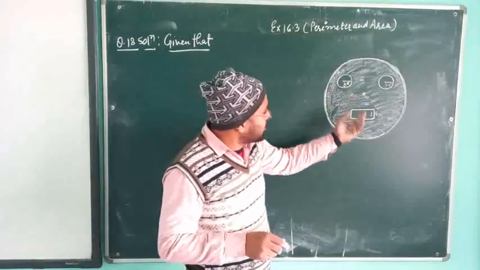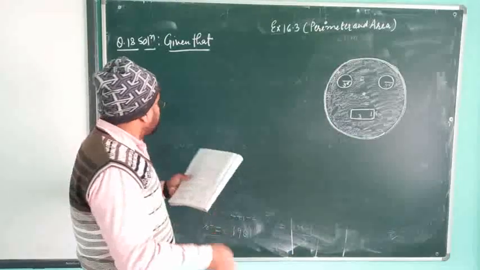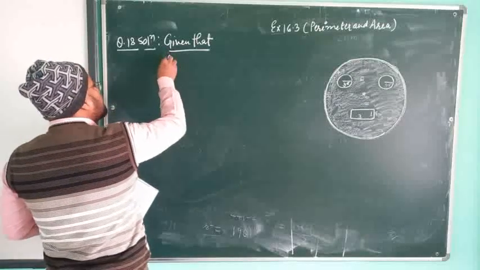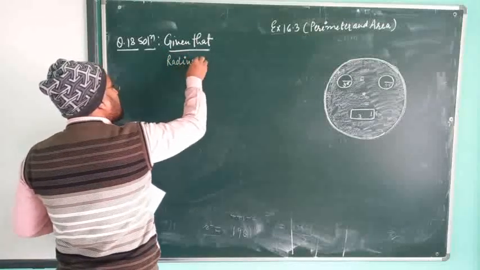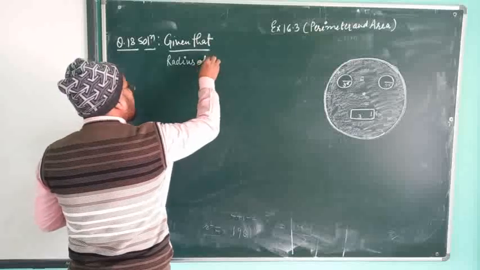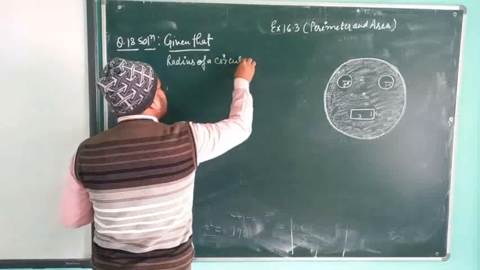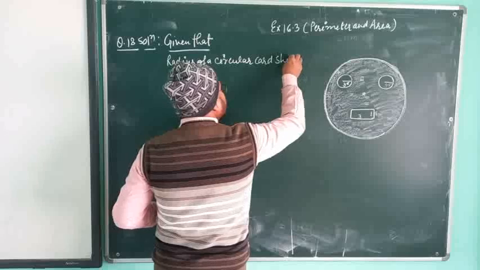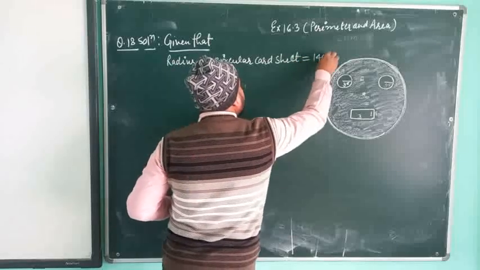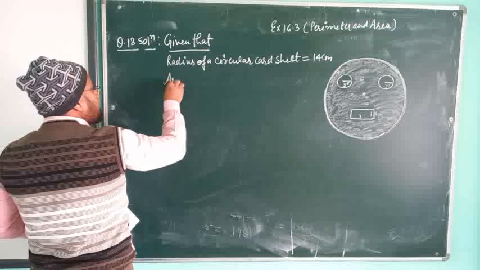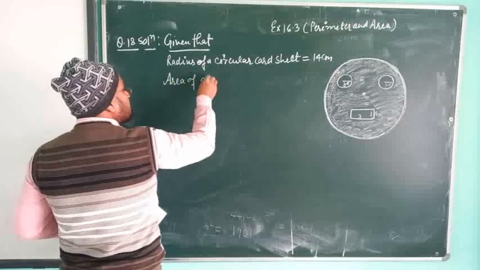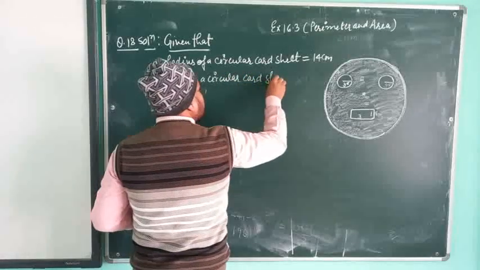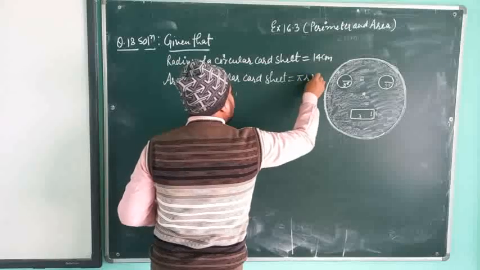So one by one I am going to solve this. Given that the radius of the circular card sheet is equal to 14 centimeter. So the area of the circular card sheet is equal to pi r square.